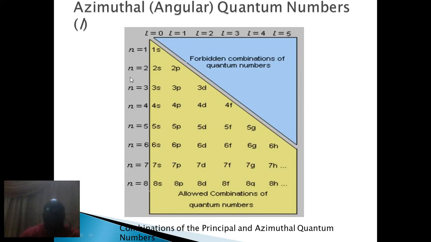When n is 2, the shell is 2 and l is 0 and 1. That's why you have 2s, 2p. When n is 3, we have 3s, 3p, 3d. When n is 4, 4s, 4p, 4d, 4f. When n is 5, we have 5s, 5p, 5d, 5f, and so on and so forth.